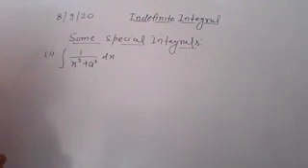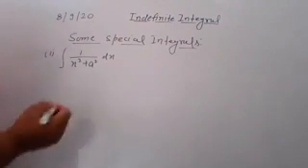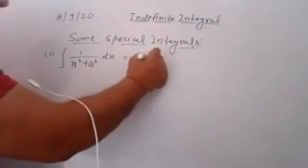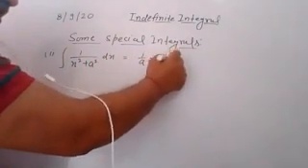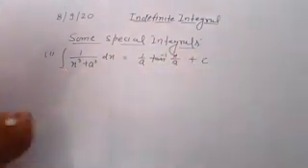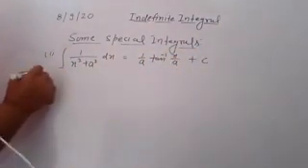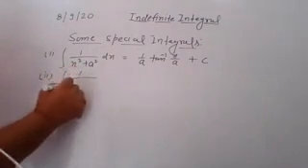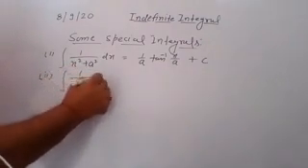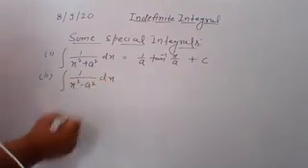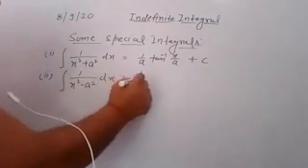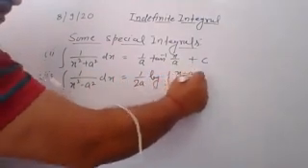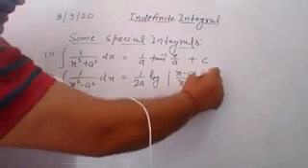You have to learn all these results. So the integration of 1 upon x square plus a square is equal to 1 upon a tan inverse x by a plus c. Now the second one: integration of 1 upon x square minus a square dx is 1 upon 2a log of x minus a upon x plus a, plus c.